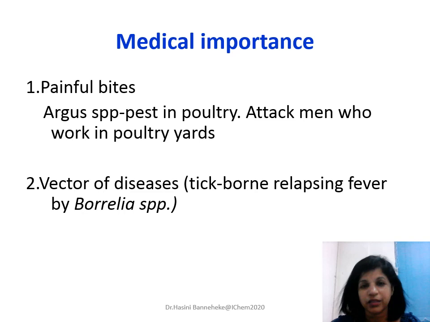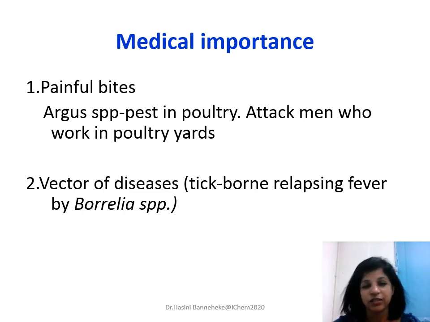So what's the medical importance of soft ticks? We have seen these soft ticks on animals. So why are we talking about them? Because they can bite us. Their bite is quite painful. They can attack people who are working closely with animals. For example, poultry yard workers can get attacked by these soft ticks, and so they will get a painful bite.